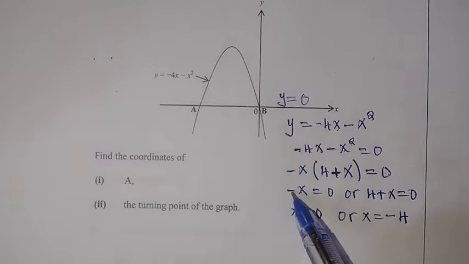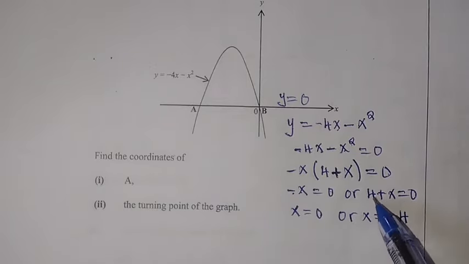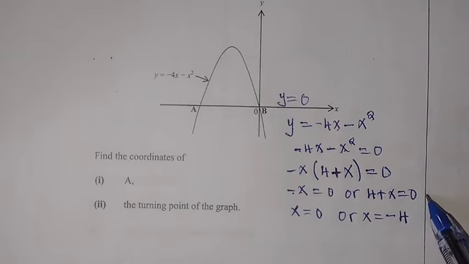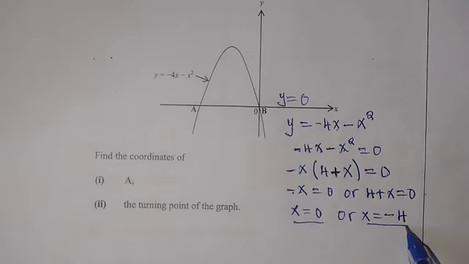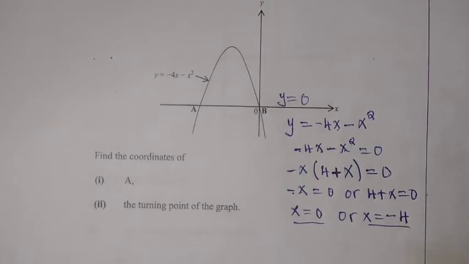So negative and negative will cancel, 1 into x gets x, equal to negative 1 into 0, you get 0. Then here we have 4 plus x equals 0. So 4 has gone to the right-hand side. It was a positive, it has now become a negative. Okay, so the values of x are x equals 0 and x equals what?